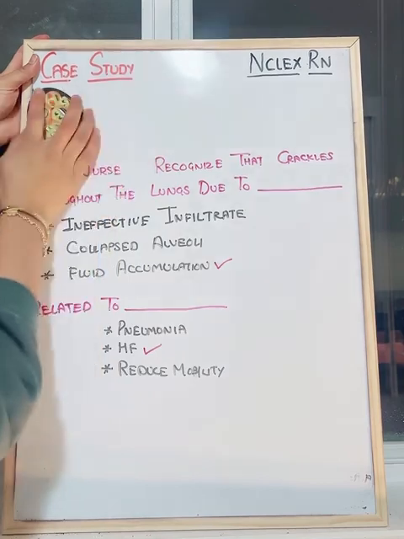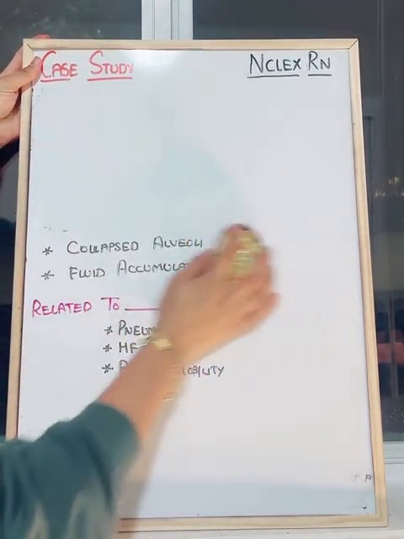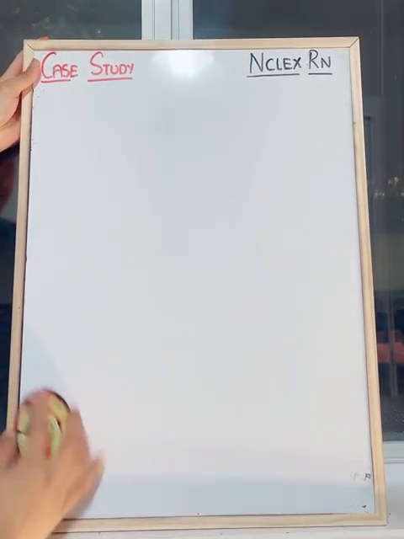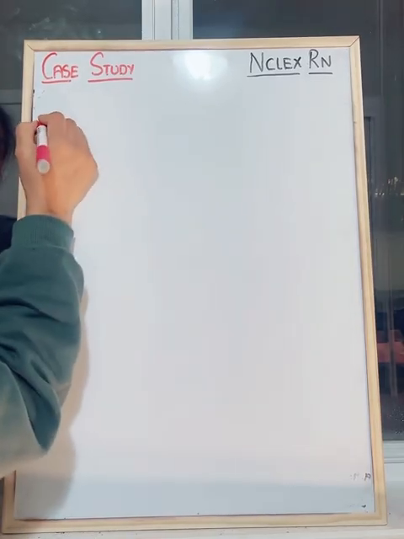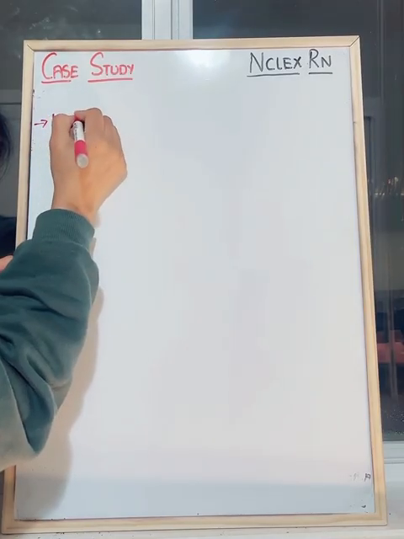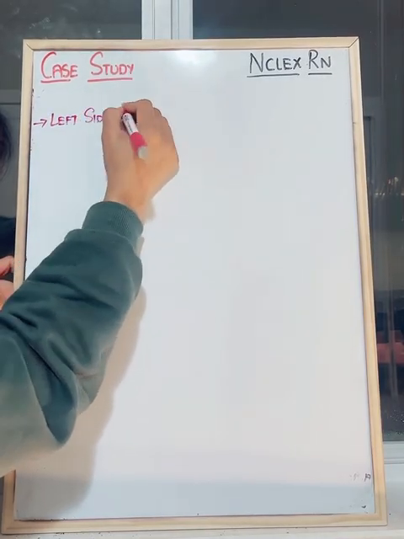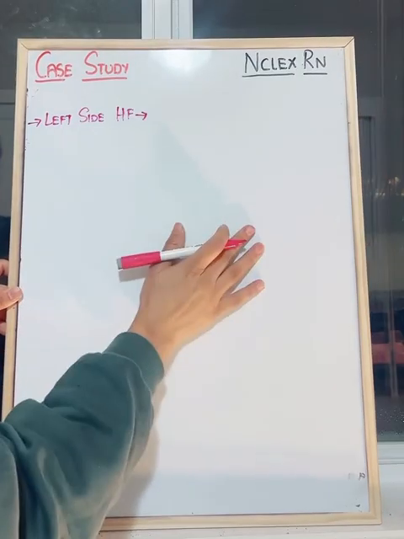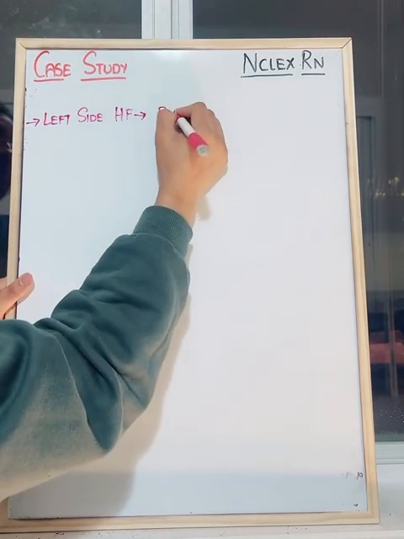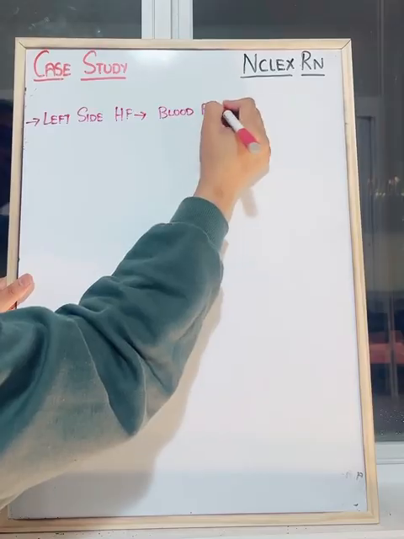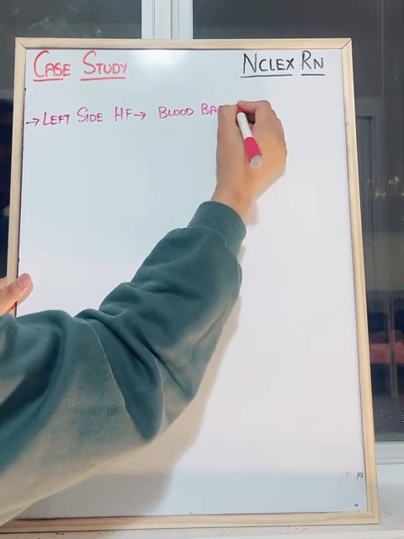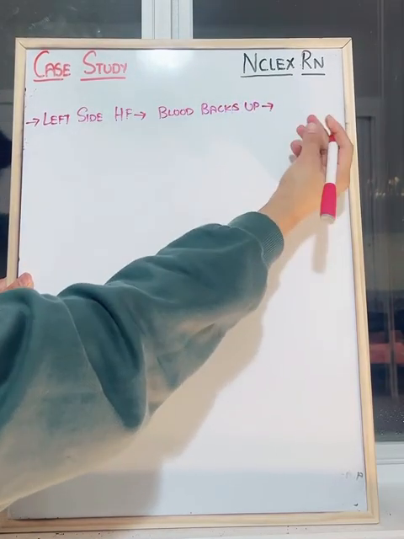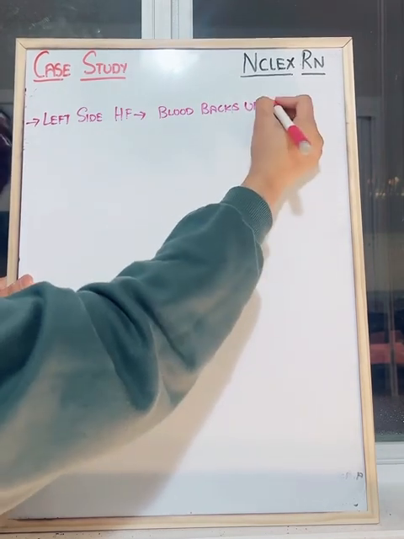Okay, so left side heart failure, blood, what happened then? Blood backs up, where?